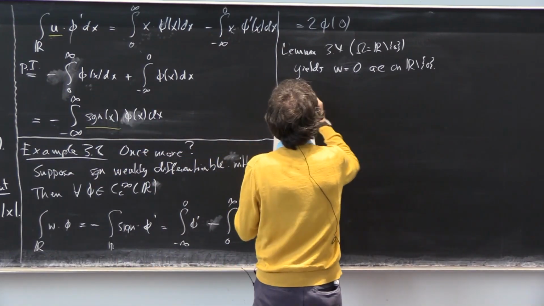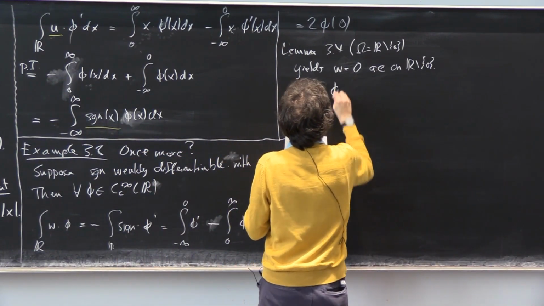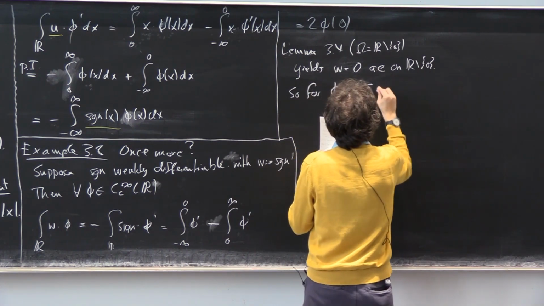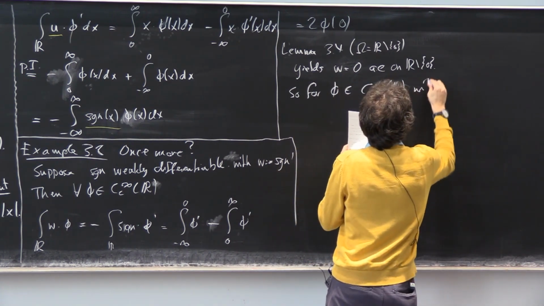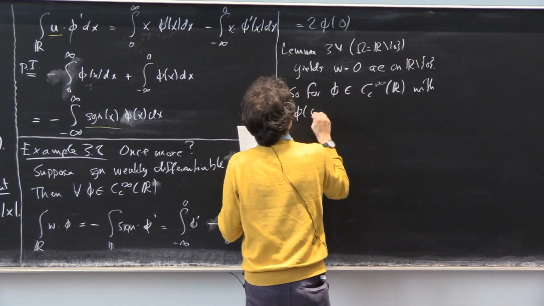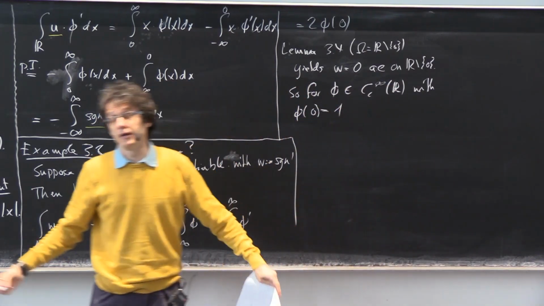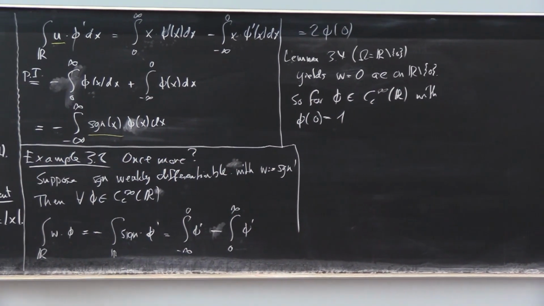Now if you take a test function on the whole line, you can choose this test function in such a way that the value at 0 is 1. No problem.